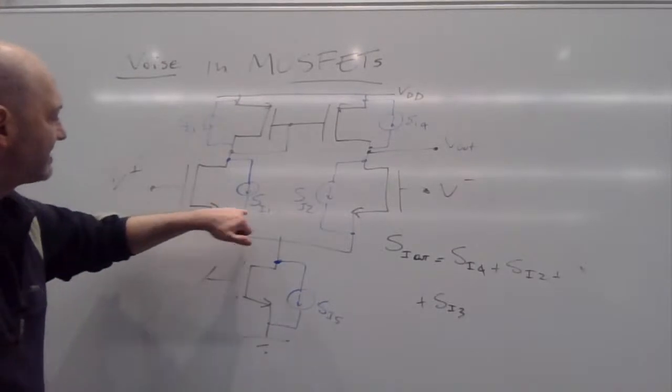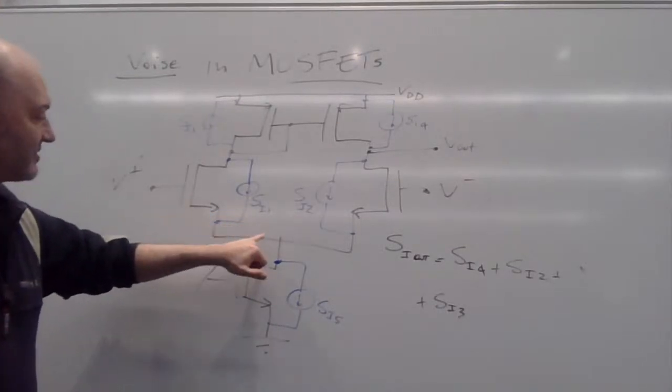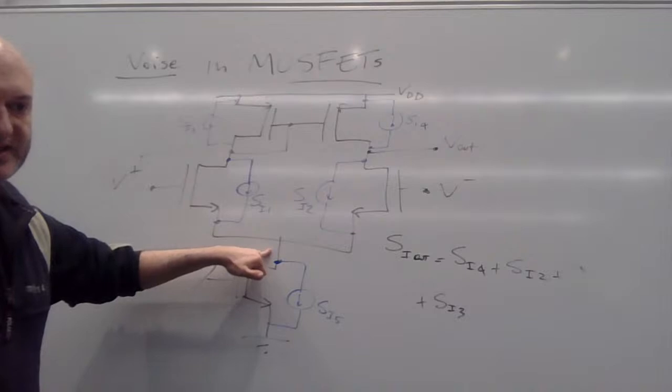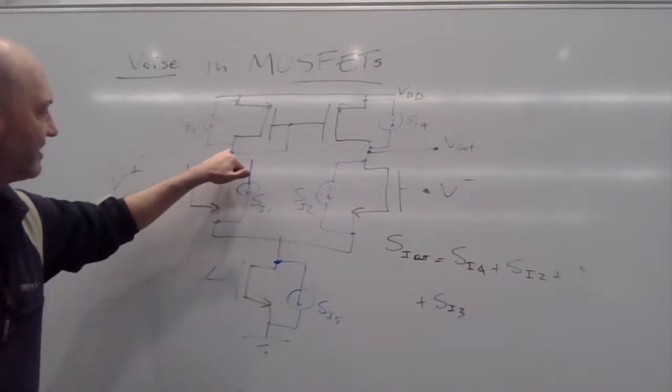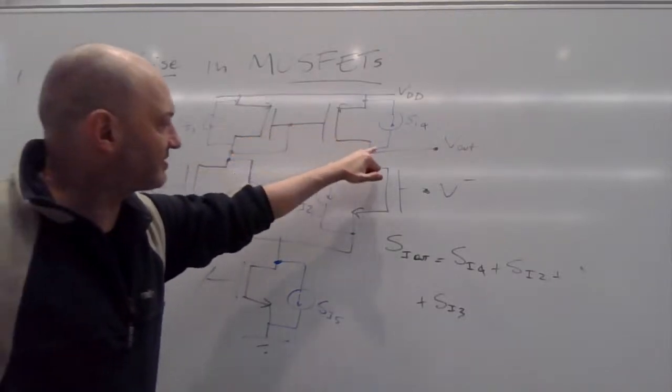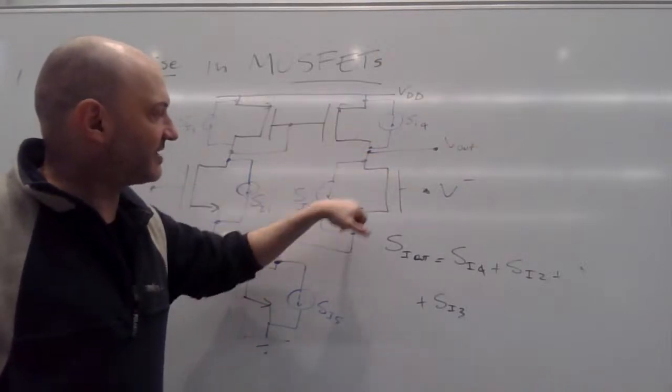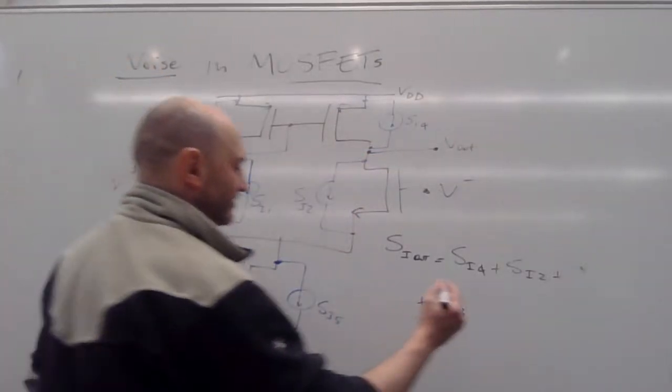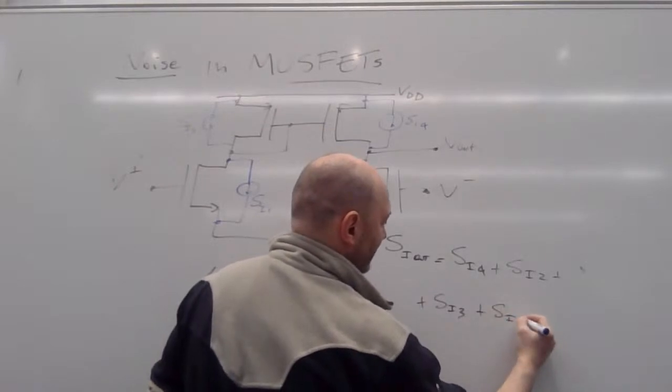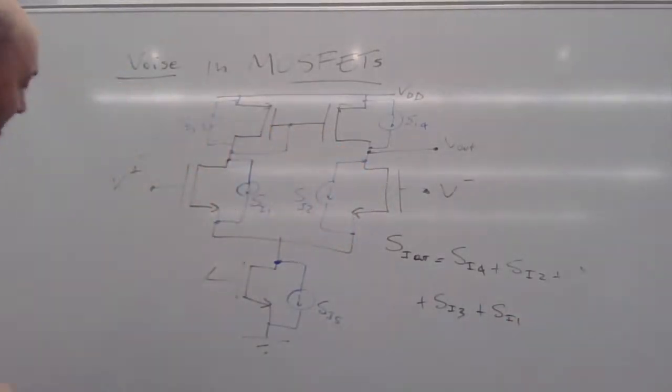And SI1 is connected to a point which is fixed in voltage, the input of the current mirror. The current is mirrored on the output arm, so it goes straight to the output there. It's actually quite simple, really.